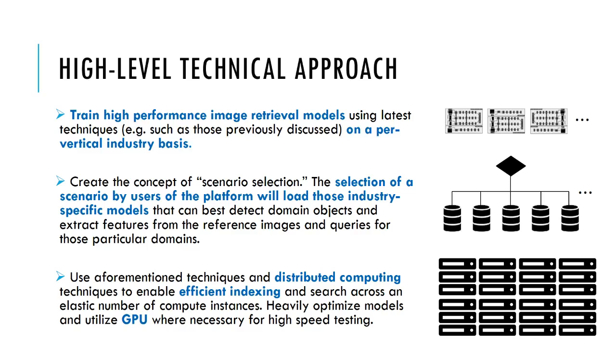We use a bunch of the previously mentioned techniques, and we also utilize distributed computing techniques. We enable efficient indexing. We search across an elastic number of compute instances, and we heavily optimize our models. That's a major piece of our work, how to make the models run extremely fast. And we utilize GPUs even at inference time where necessary for high-speed testing.